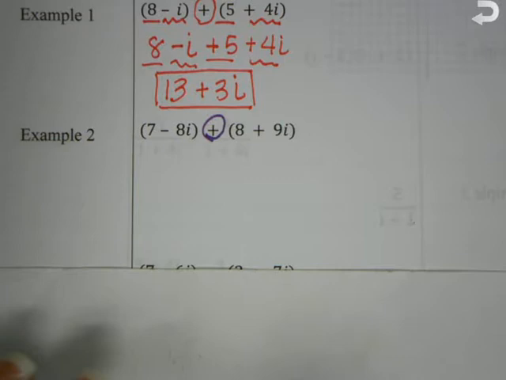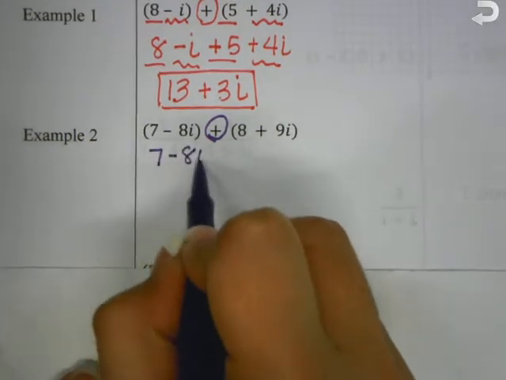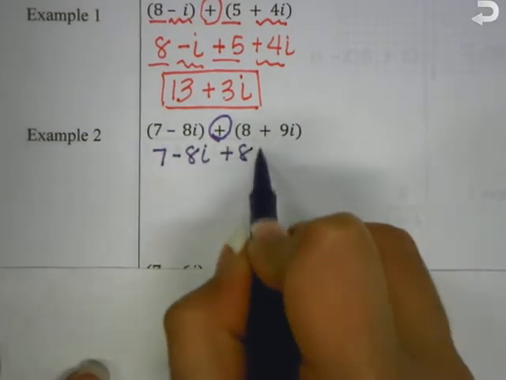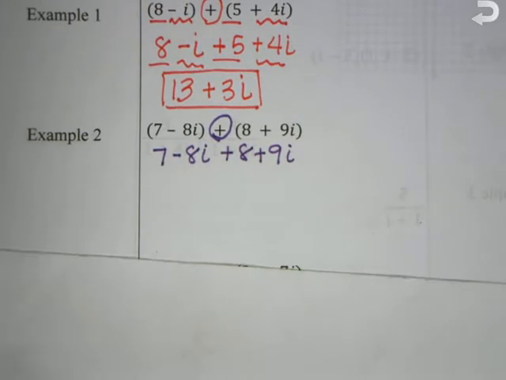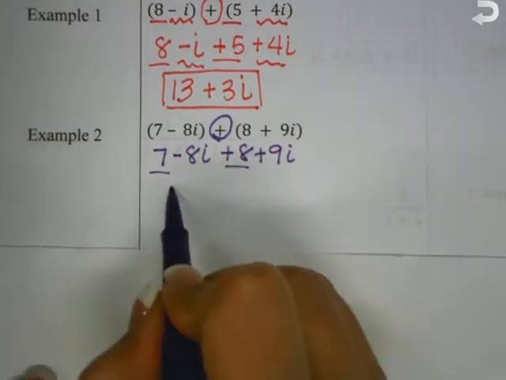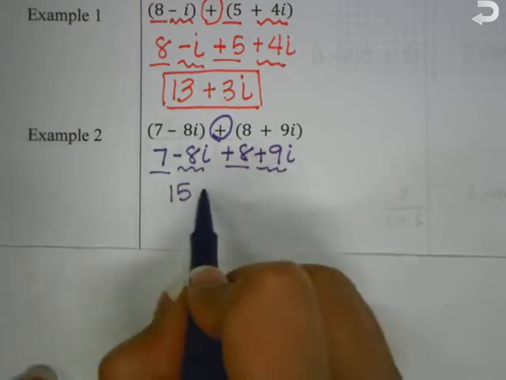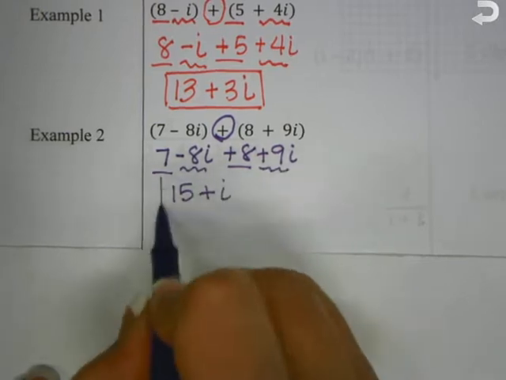Okay, we combine like terms. 7 plus 8 is 15, and negative 8i plus 9i is i. So it's going to be 15 plus i. Is that in standard form, you guys? Yep. So that's my answer.